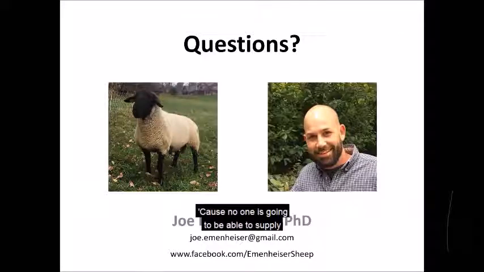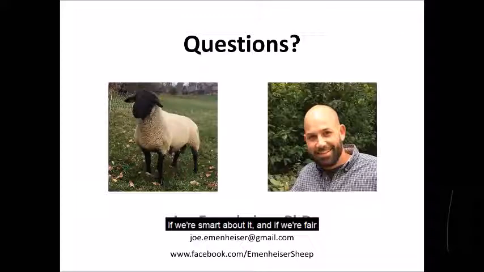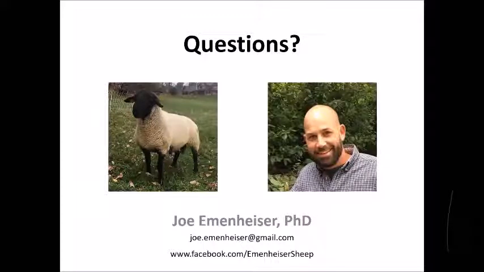Because no one is going to be able to supply all the demand that we've got for lamb in this region on their own. But together, if we're smart about it, and if we're fair and objective about it, there are ways to pool producers together to hit those markets.